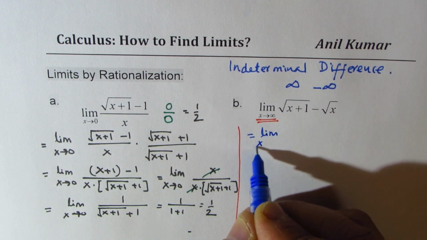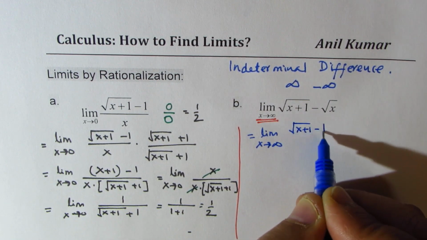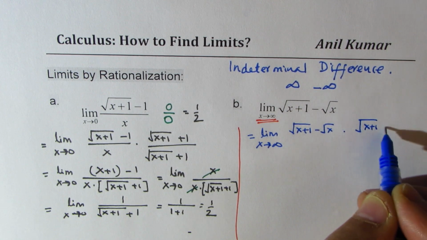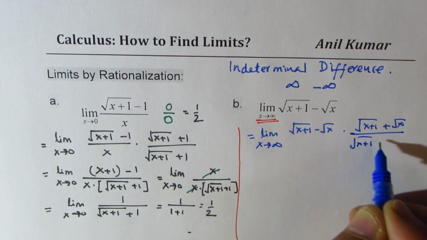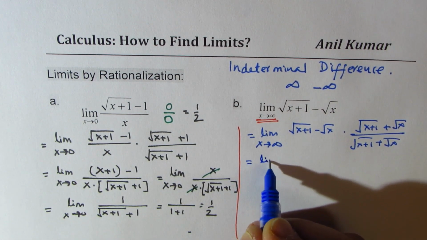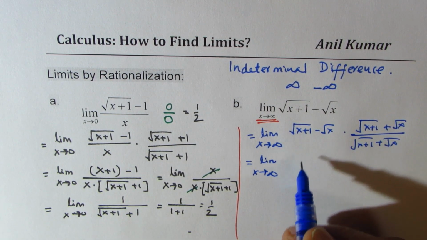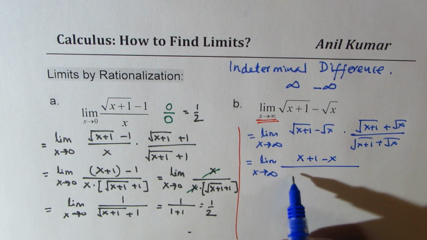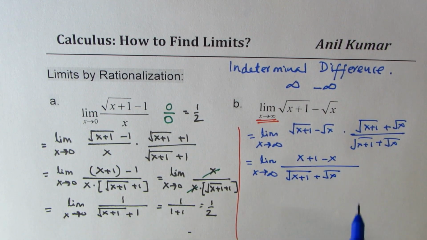So we take the limit as x approaches infinity. We have square root of x plus 1 minus square root of x. So you have to multiply and divide by the conjugate, which is square root of x plus 1 plus square root of x. Clear? So that gives you limit x approaches infinity. You get a difference of squares here, which is x plus 1 minus x divided by all this, which is square root of x plus 1 plus square root of x.